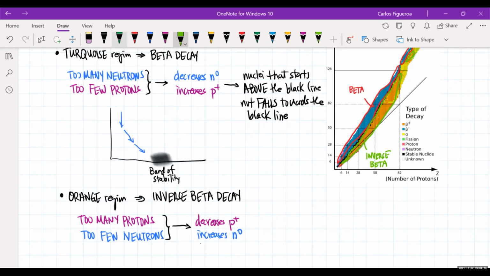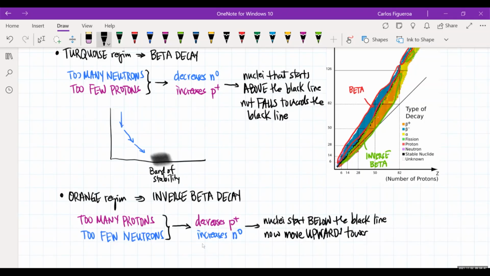So in this situation, nuclei start below the black line and now move upwards towards the black line.